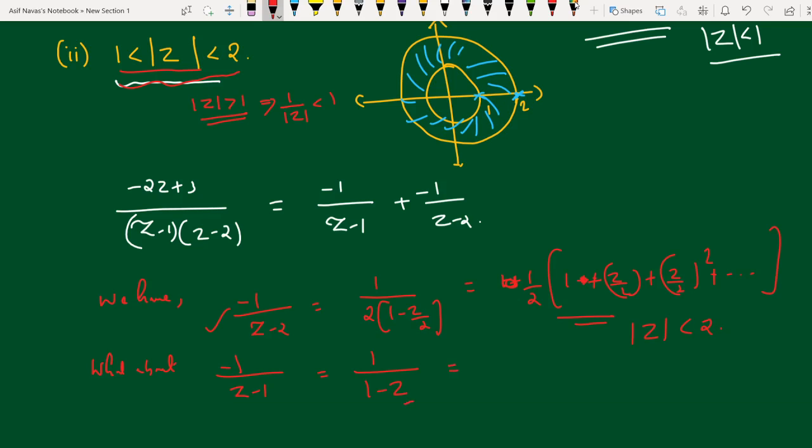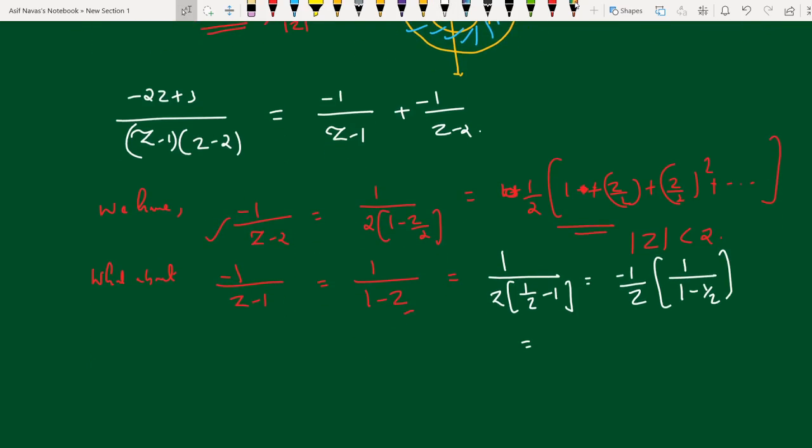So what we will do is, I'm taking z outside from z minus 1, and I'm taking minus 1 outside. So minus 1 by z into 1 by 1 minus 1 by z. Okay. So here we know that if mod z greater than 1, which implies 1 by mod z is less than 1. So how can you write this expansion?